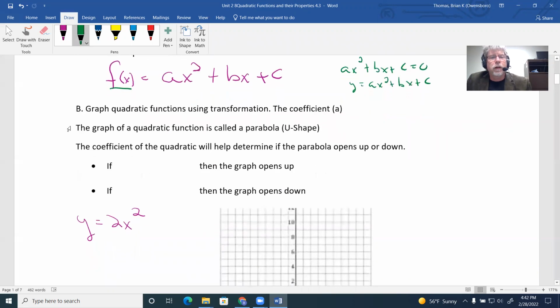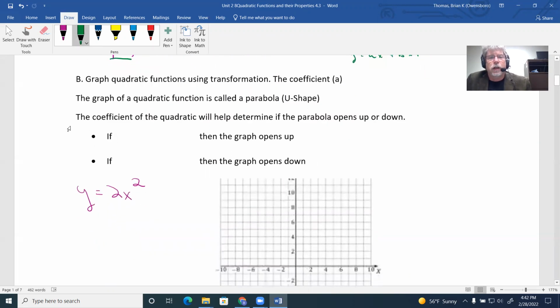So in talking about transformations, as I said, the coefficient a is going to affect the graph as a stretch or a compression. So remember, the graph of a quadratic function is called a parabola or U-shaped. And this coefficient is going to affect the graph in 2 ways.